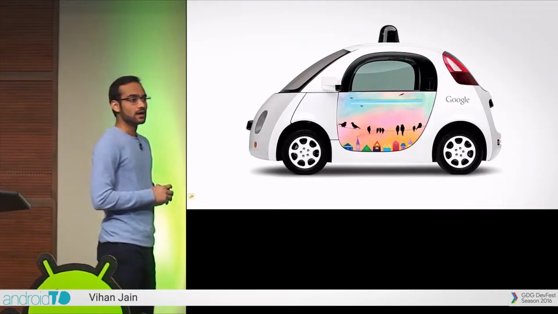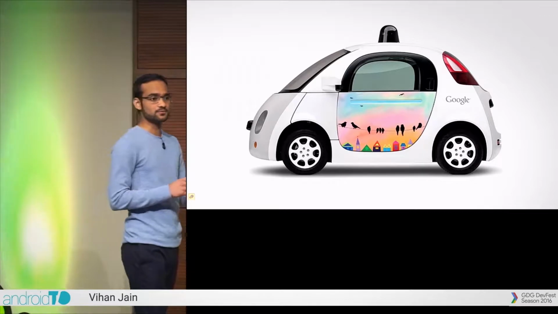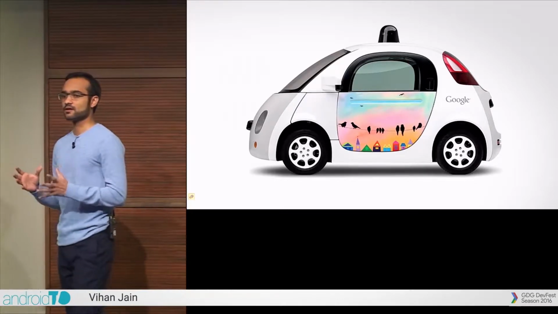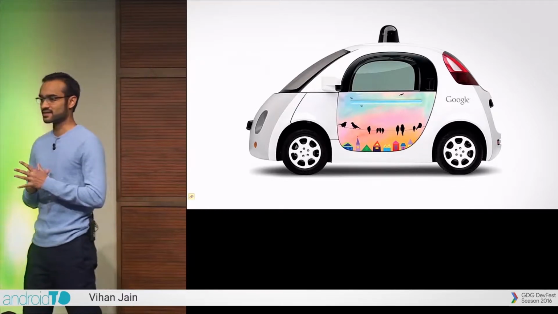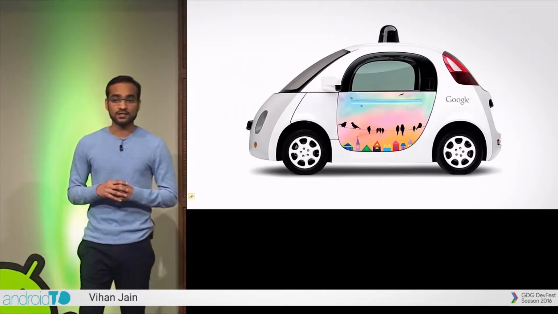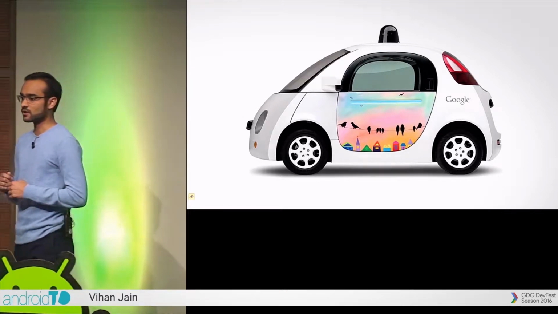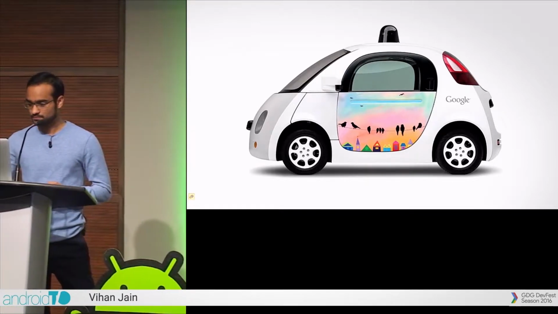Self-driving car. It's really hard to imagine self-driving car without machine learning. A lot of really complex problems, like detecting pedestrians on the road, detecting hand signals of cyclists, they all become really easy to solve using machine learning and computer vision.